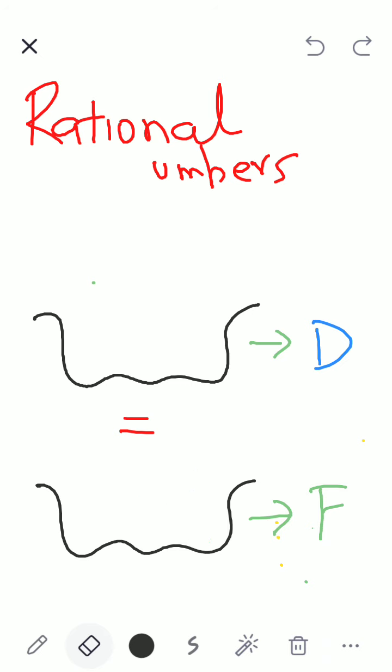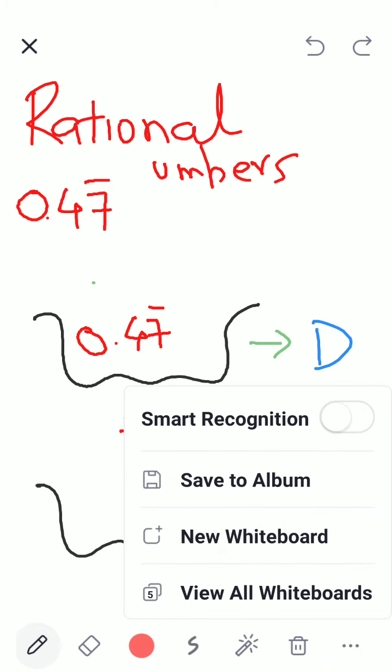Manasa's network is weak. And now I give you a decimal, 0.47, bar is only on 7. So what goes into the decimal bag? 0.47 bar. Correct? Very good.